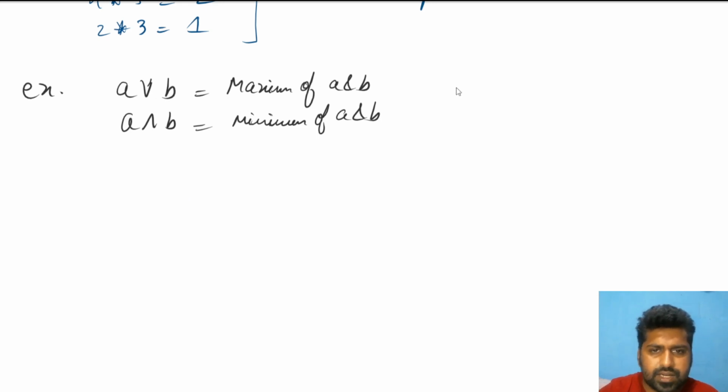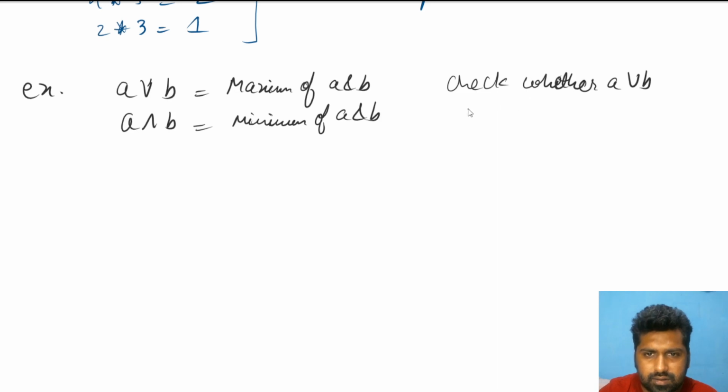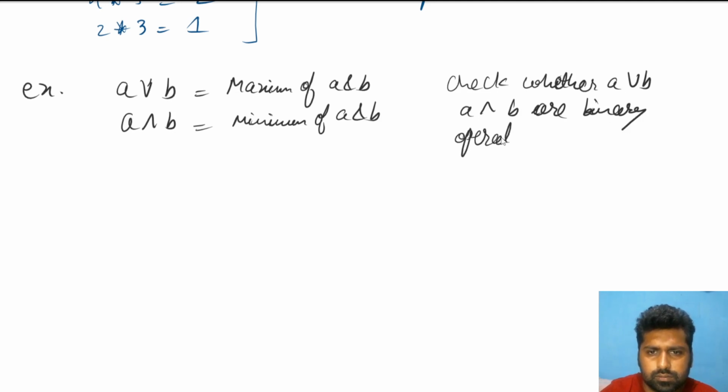So you have to check whether the maximum of A and B and the minimum of A and B are binary operations of R, meaning on the set of real numbers.